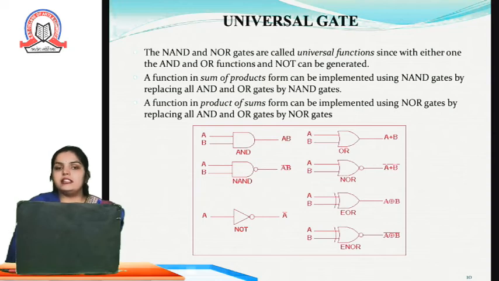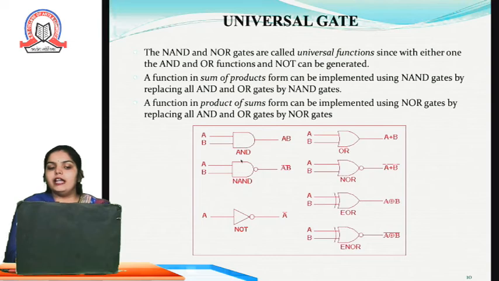So a single gate can perform multiple operations. Which gate? NAND and NOR gates can perform multiple operations, and they can replace multiple gates with a single gate. That's why they are called universal gates, because they perform universal functions. As you can see in the symbols of the gates, the AND gate is here, and the NAND gate is represented by a single bubble.